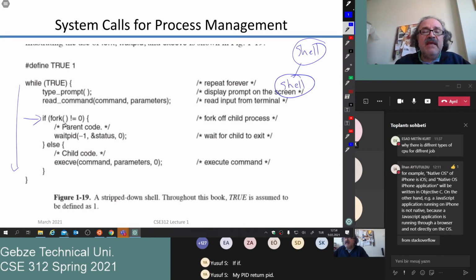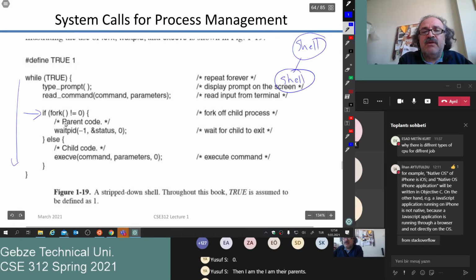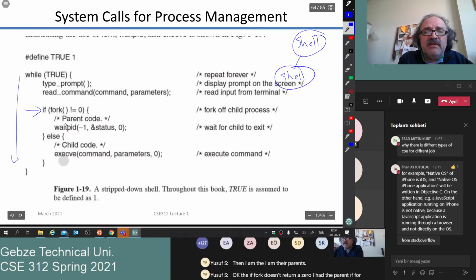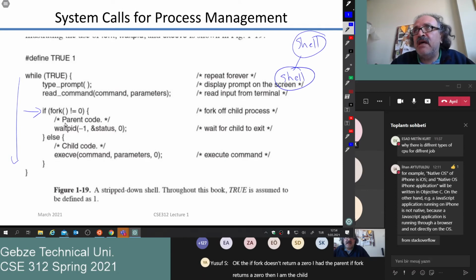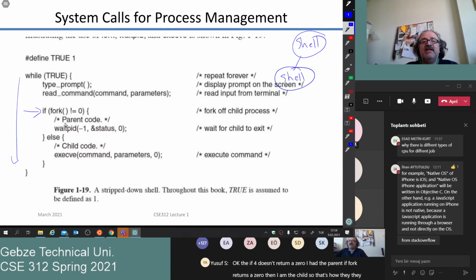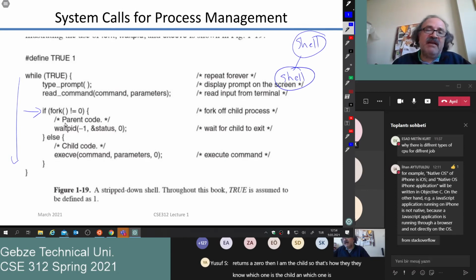If the return PID is not 0, then I am the parent. If fork doesn't return a 0, I am the parent. If fork returns a 0, then I am the child. So that's how they know which one is the child and which one is the parent.